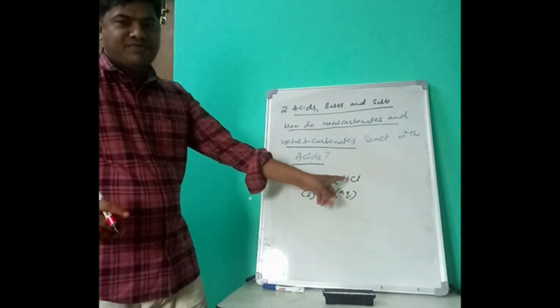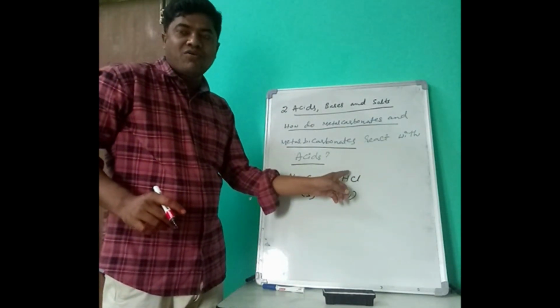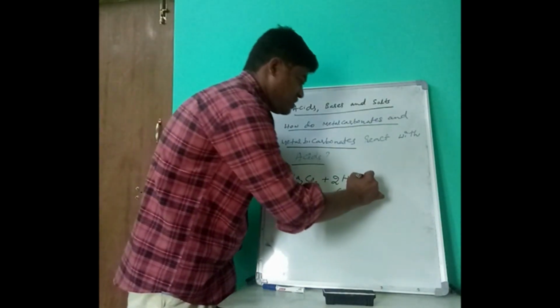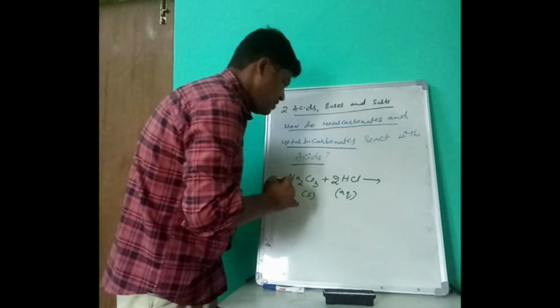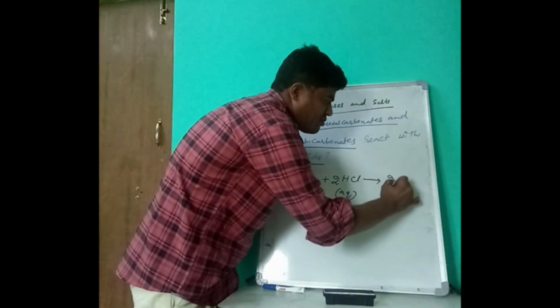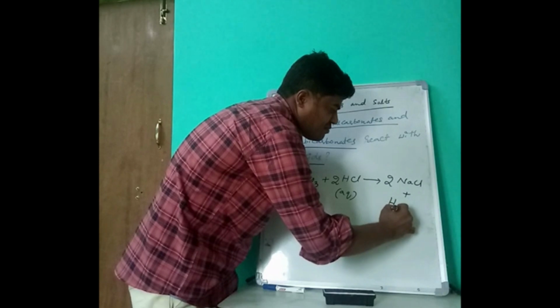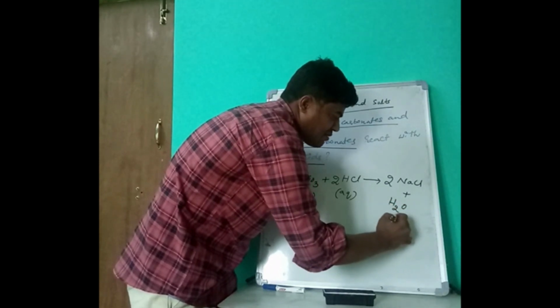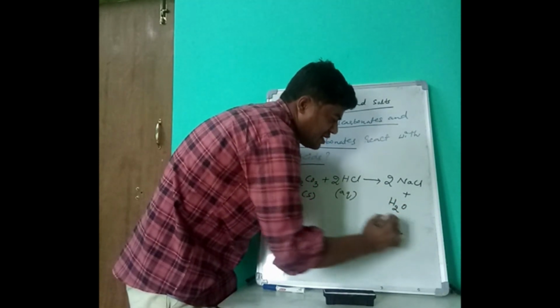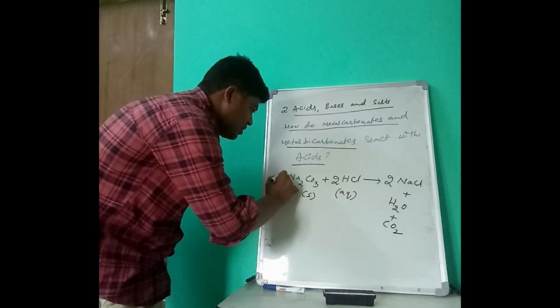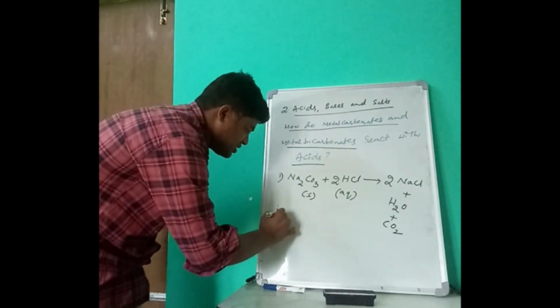Hydrochloric acid gas is dissolved in water, that's why we write the aqueous state. You get sodium chloride plus water plus carbon dioxide gas. This is one of the examples discussed in our textbook.